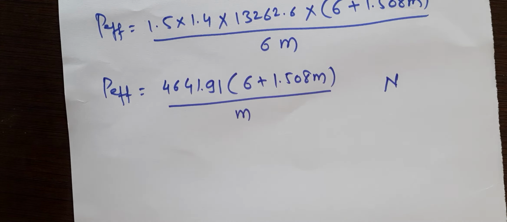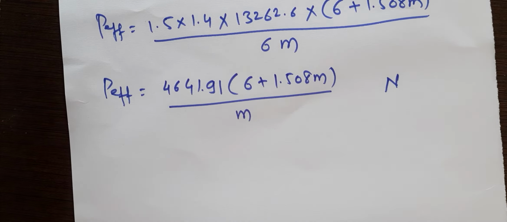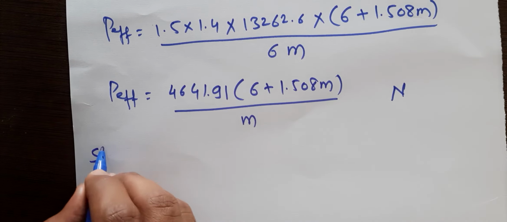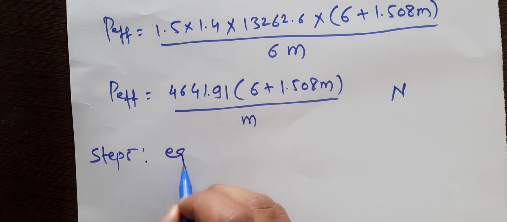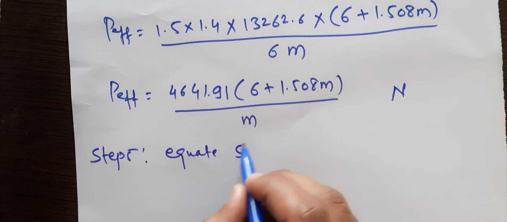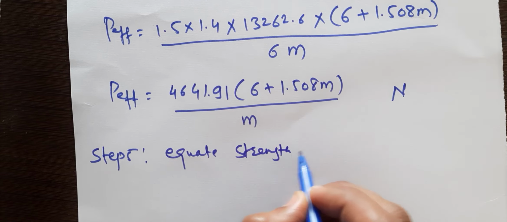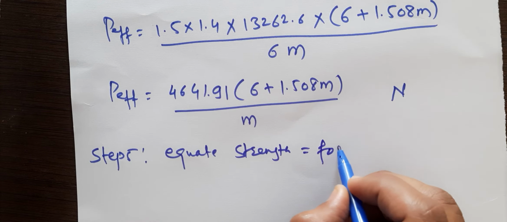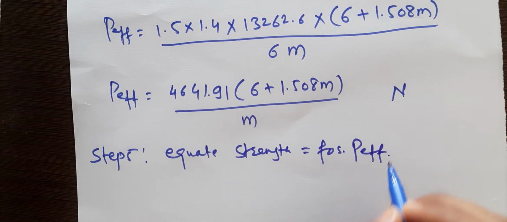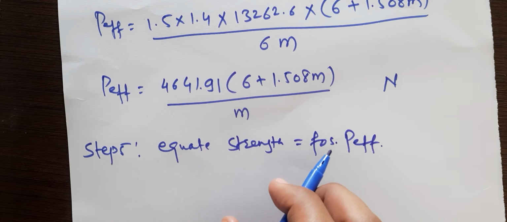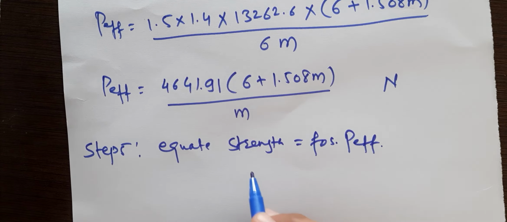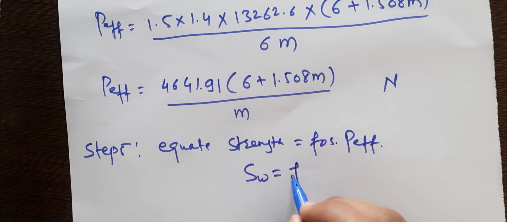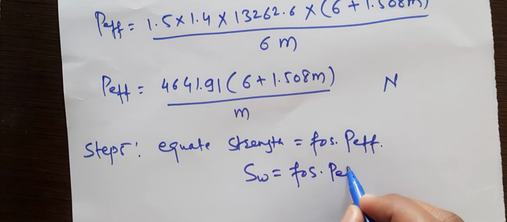So your next step will be step 5. Step 5 will be, you have to equate strength with factor of safety into P effective. Now strength will be the lower strength, whichever is lower, either beam strength or wear strength. In this case wear strength is smaller than beam strength, so we have to equate wear strength with factor of safety into P effective.